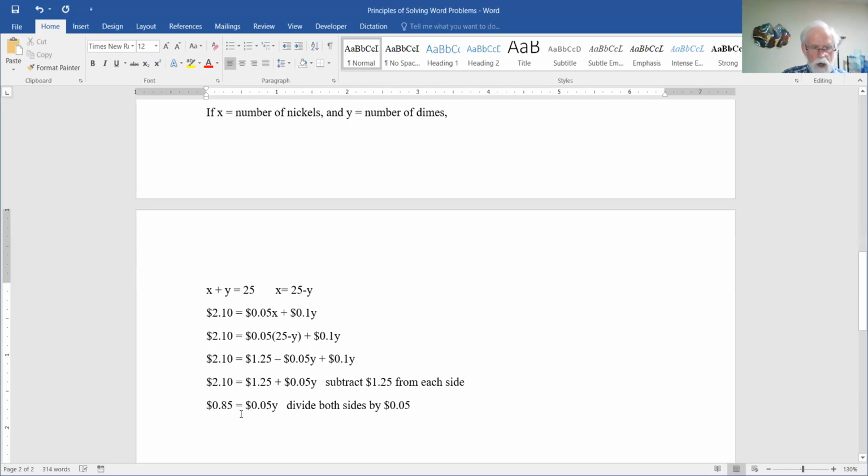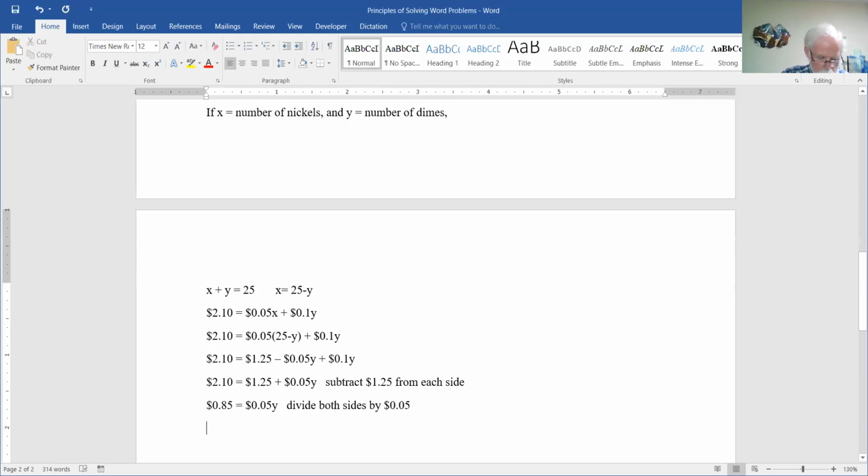So now we're going to divide both sides by 0.05 to determine the value of y. So if we divide 0.85 divided by 0.05, we're going to get 17.